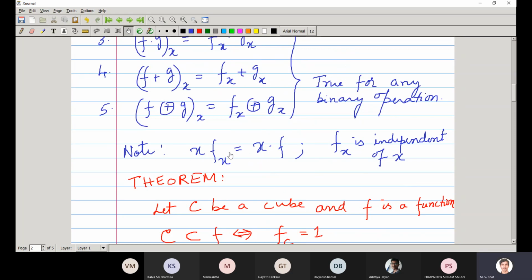Also note that x fx, that is x into the cofactor of f with respect to x, is the same as x into f. Any clarification on this?